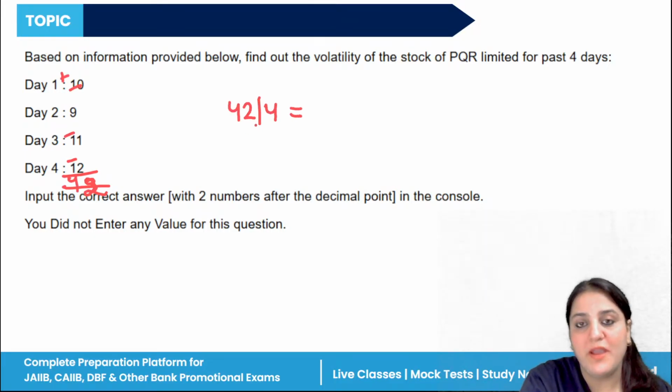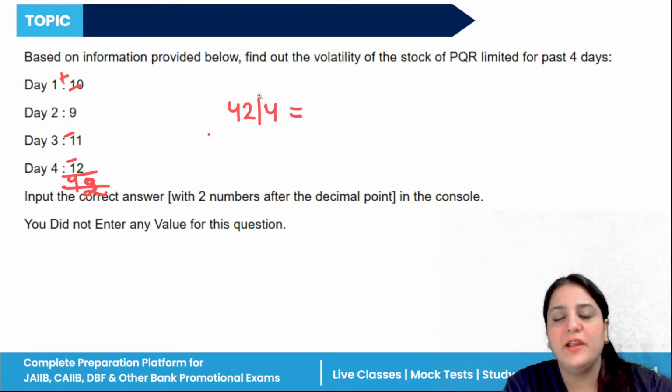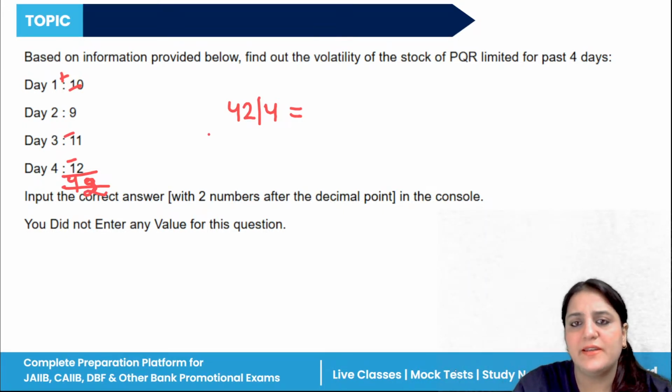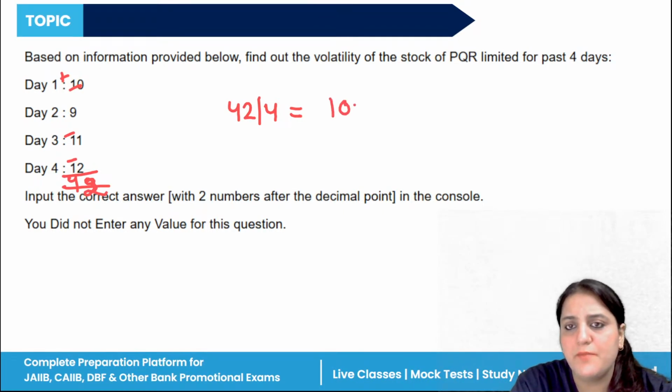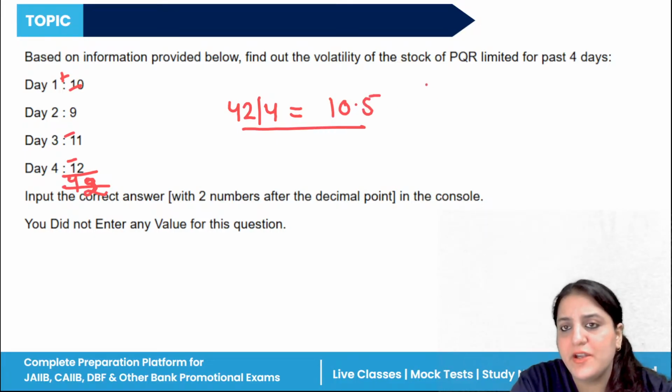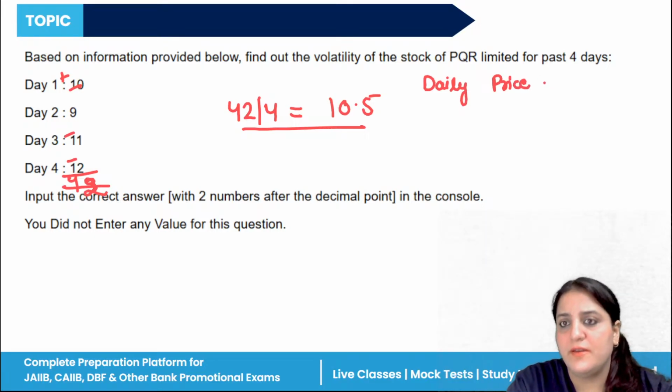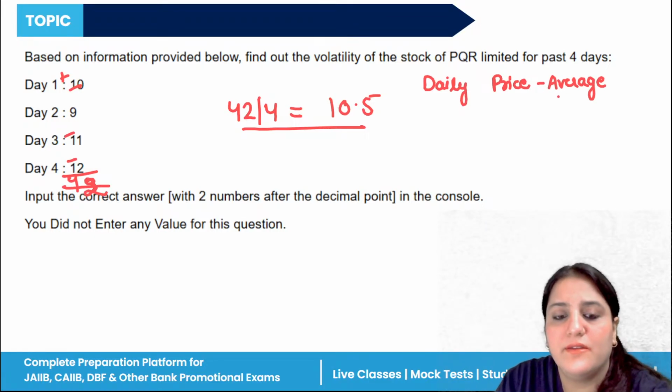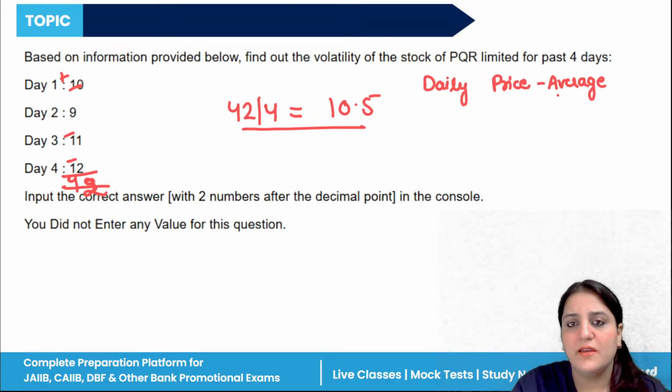So 42 by 4 is near about 10.5, right? So this is 10.5. Now daily volatility is given, I just reduce the average from the price, and then we'll do the square of that.